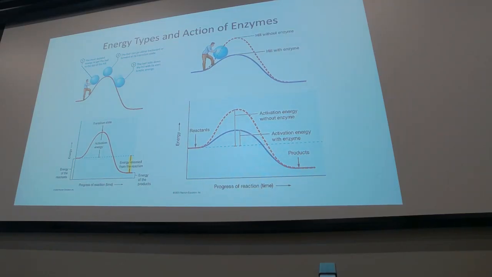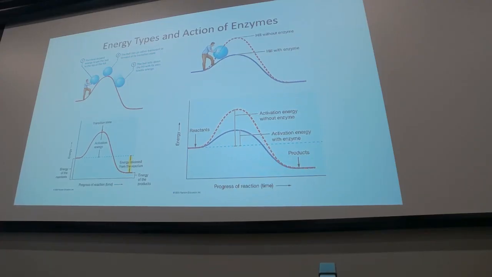So here we have a cartoon showing you energy types, or an illustration of the enzymes in action. A chemical reaction can be seen as someone pushing a ball to the top of a hill.